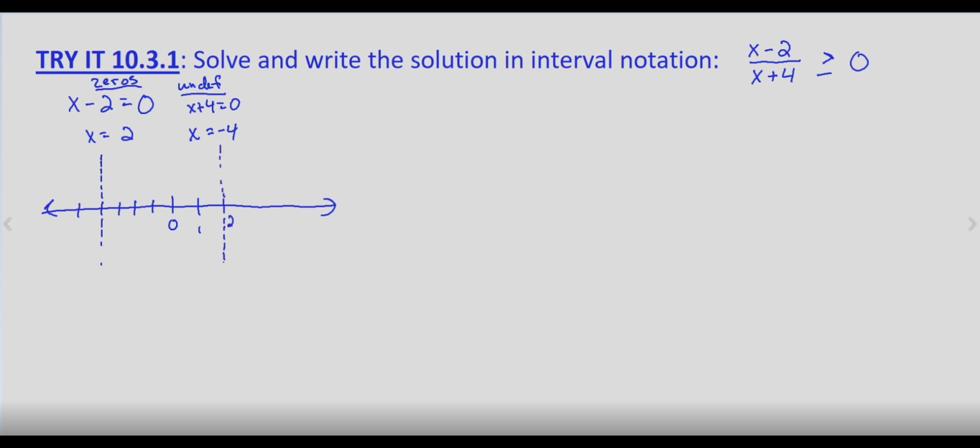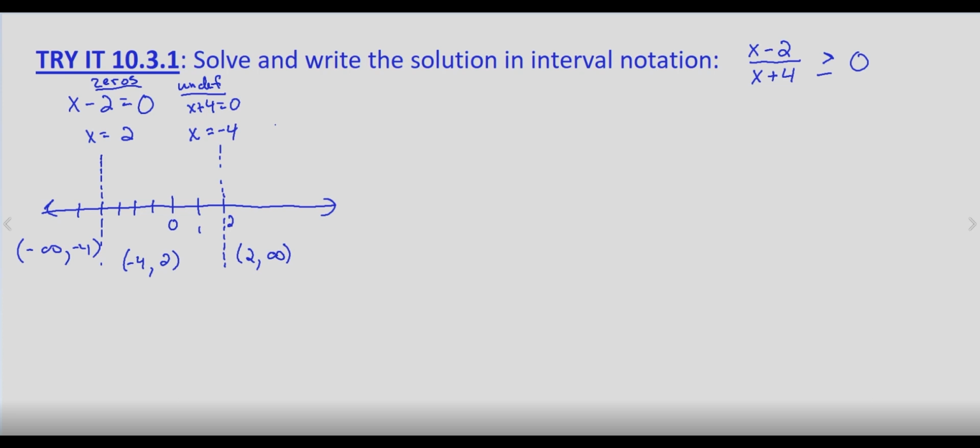Here are our critical points, visualized on the number line. And so we've divided this number line, based on our inequality and our critical points, into three intervals: negative infinity to negative 4, negative 4 to 2, and 2 to infinity.